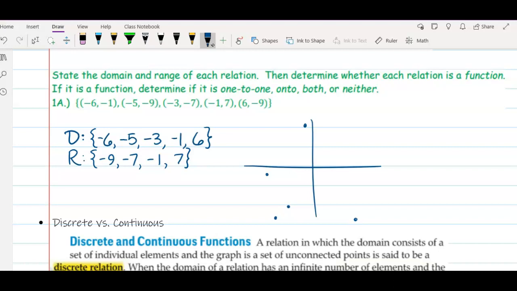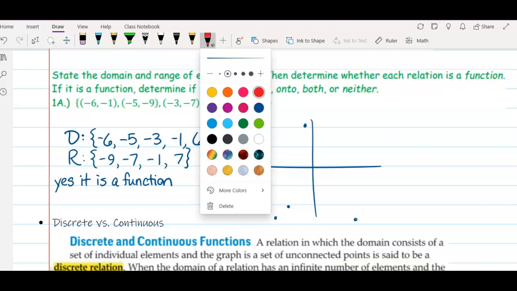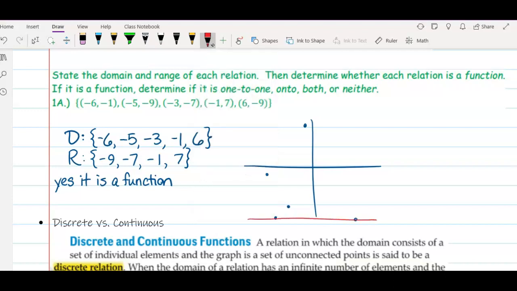So it is a function. But the horizontal line test, right here, again, it's just a rough sketch, but it fails the horizontal line test, so it is not one-to-one.